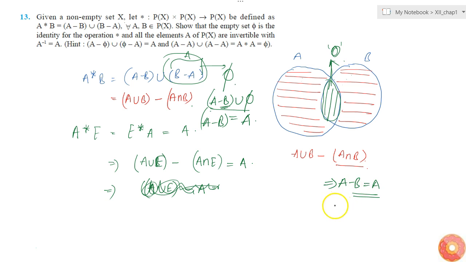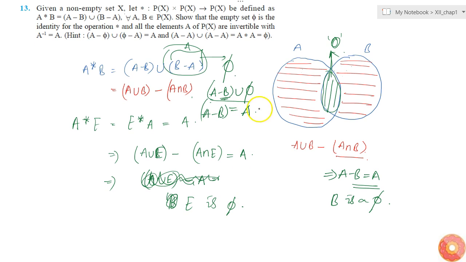But A minus E equal to A only if E is a null set. So the required identity E is phi, the null set. So the null set is the identity here, and we are asked to show that all the elements of P(X) are invertible with A inverse equal to A.